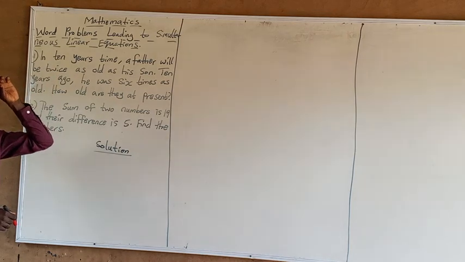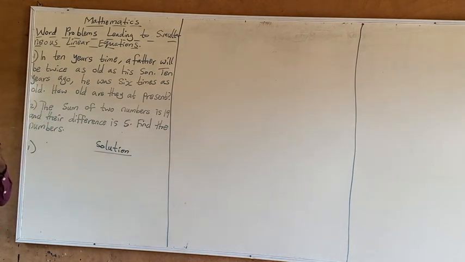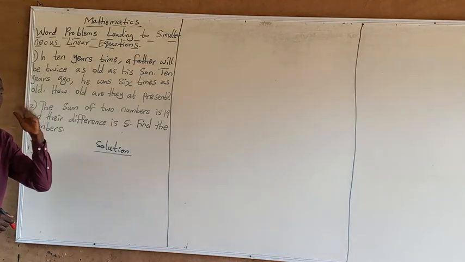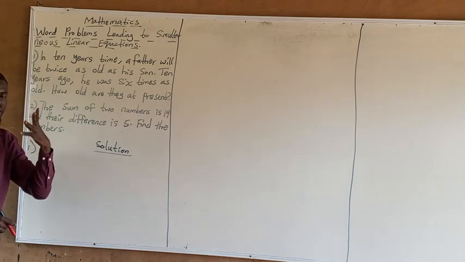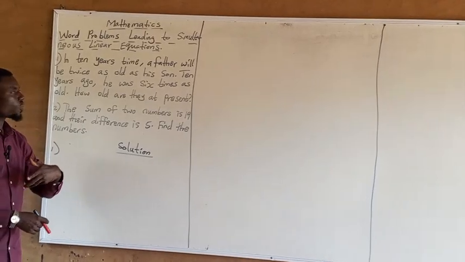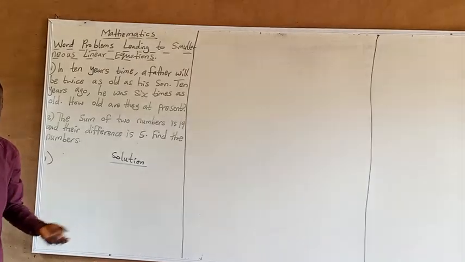Now, when you are reading a word problem, I beg of you, don't read it as if you are reading a novel. Don't read it so fast. Read it and ask yourself some questions inside of yourself. What are they saying? What are they asking me to do?